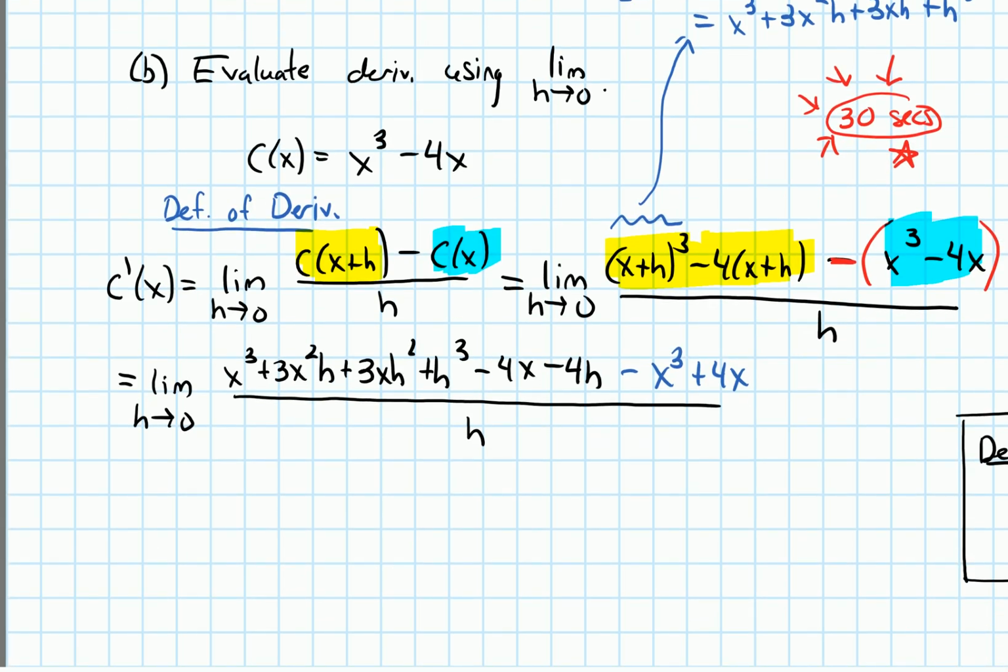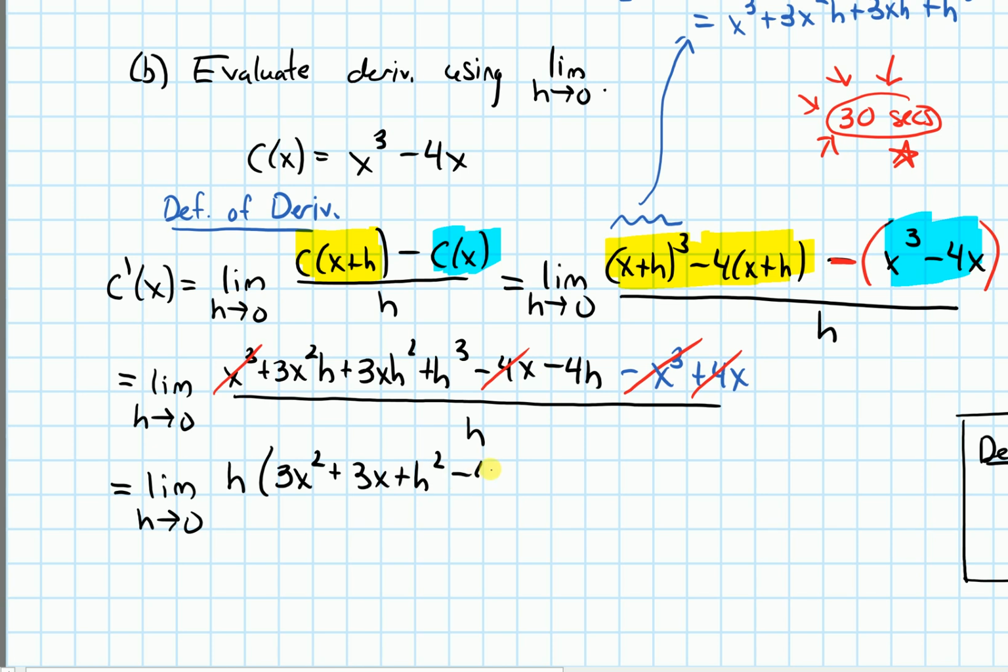Okay, so now we get some cancellation. X cubed with the negative x cubed, and the negative 4x with a positive 4x. So we have the limit as h approaches 0. Every term that's left in the numerator now has an h in it, so we can factor out an h. And that leaves us with 3x squared plus 3x plus h squared and minus 4, all over that h in the denominator.